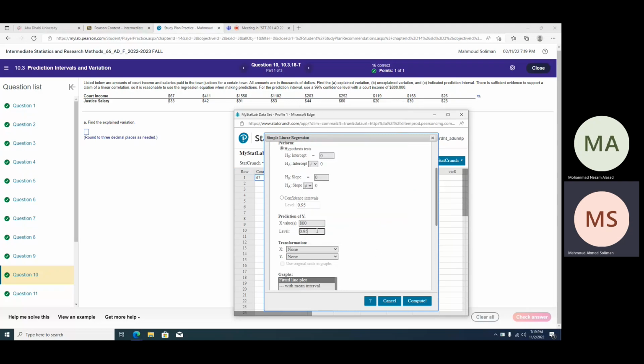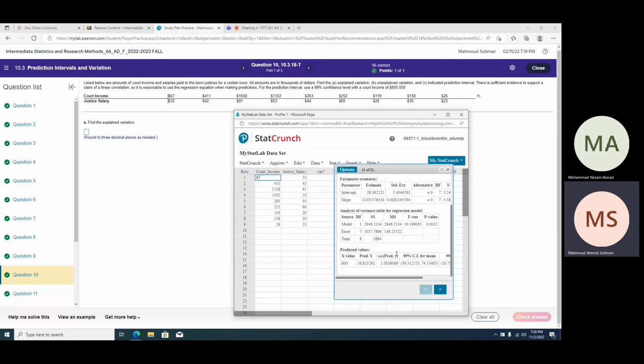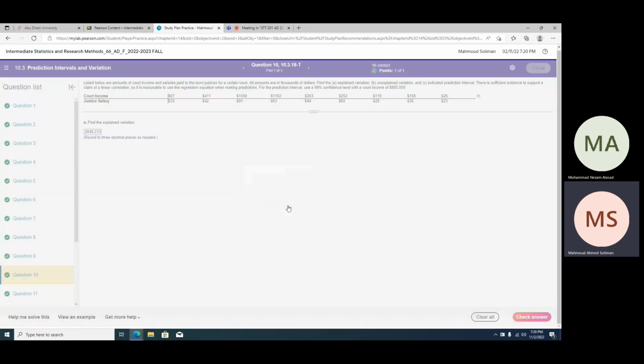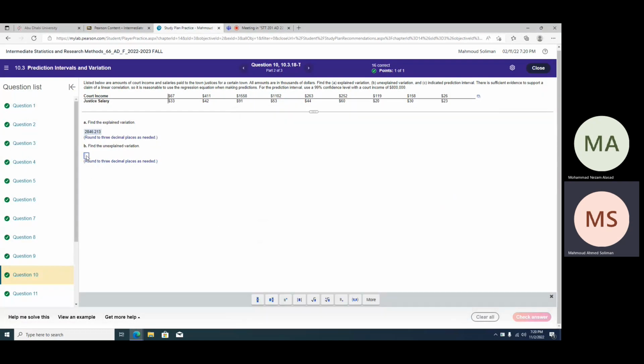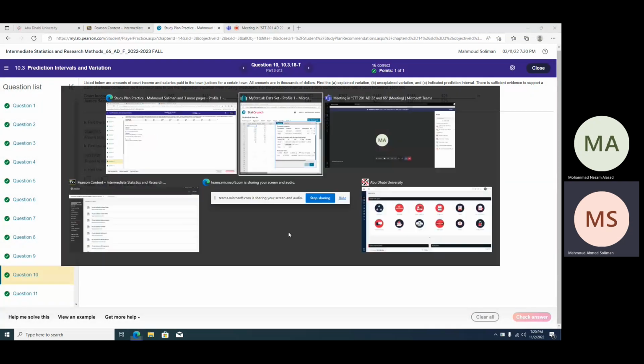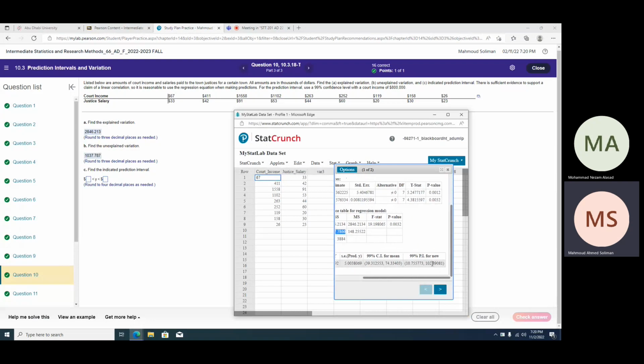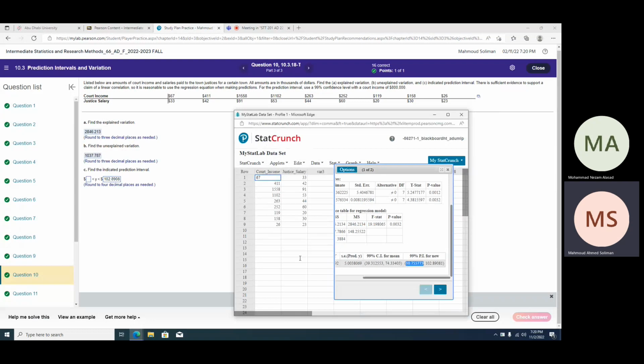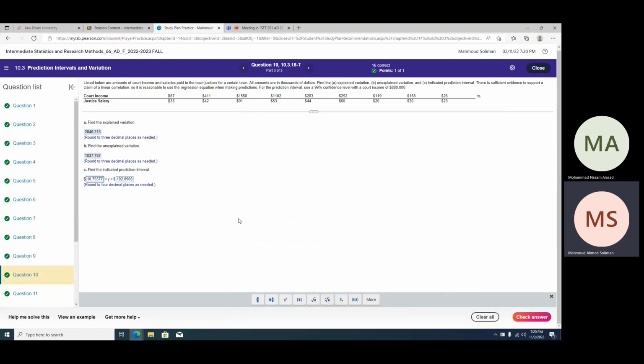So we'll put 800. Put 99% confidence level right here. Compute. Then you need explained variation, model SS, 3 decimals. The unexplained one is the one below it, 3 decimals. And then the PI, 4 decimals.